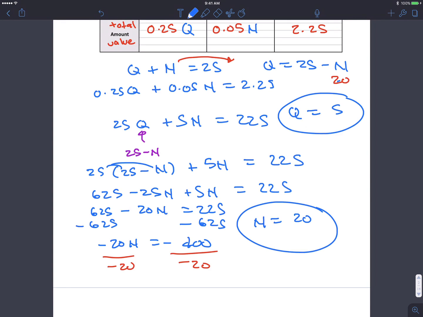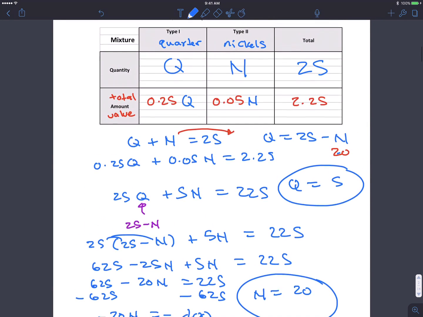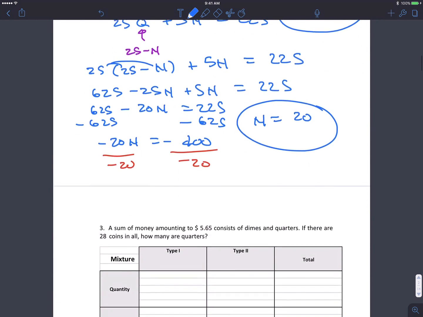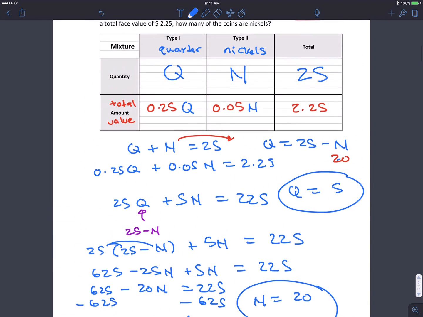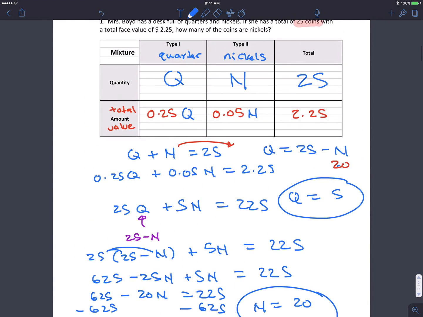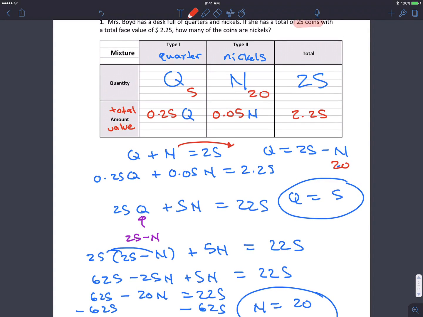I don't have a lot of space to do all this work, believe it or not. This is how we answer the question. There are 5 quarters and 20 nickels for a total of 25 coins. Q is the number of quarters, N is the number of nickels. We actually answered the question here. So this is number 1.